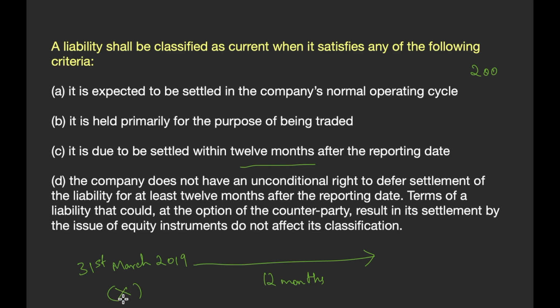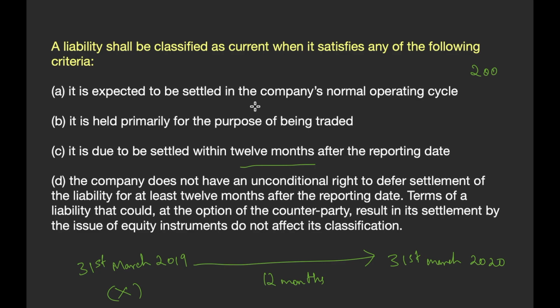So if this X is due to be settled within 12 months, that is, if this liability can be settled before the next reporting date, that is next year, within 12 months, let's say 31st March 2020. So within this date, if this liability is due to be settled, then this can be classified as current liability. So if the liability is due to be settled within 12 months after the reporting date, it should be classified as current liability.